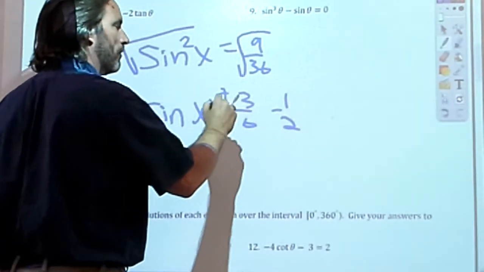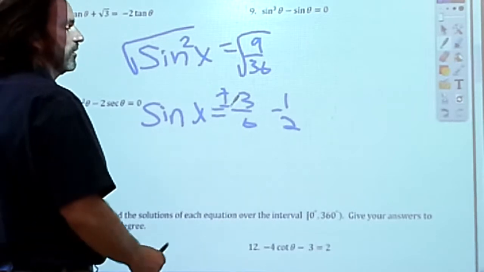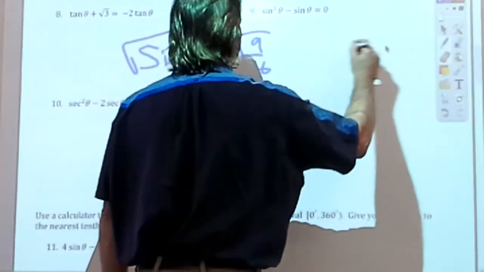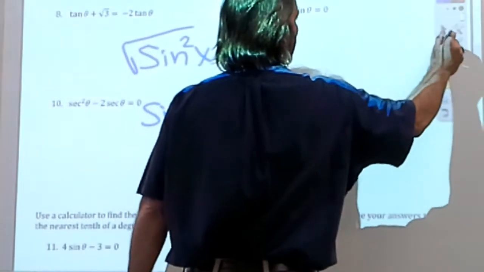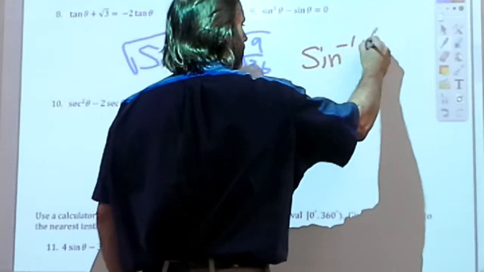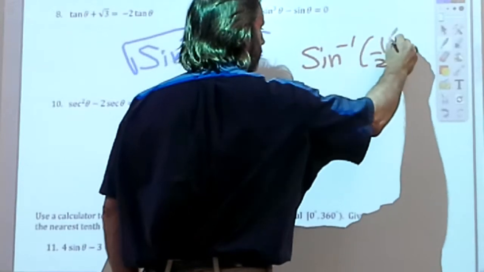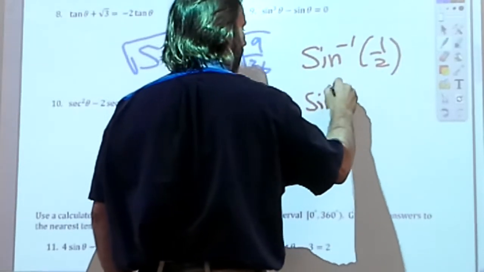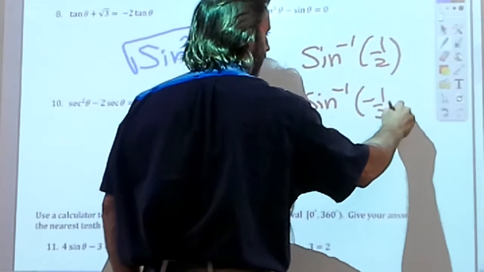And it's plus or minus, since you square root. So basically, you're going to go ahead and do inverse sine of 1/2 and inverse sine of negative 1/2.